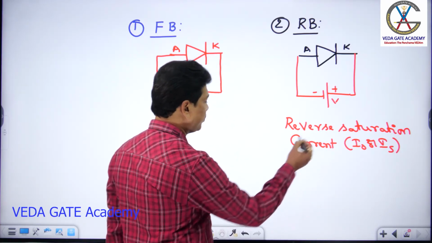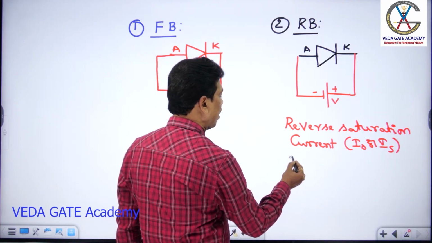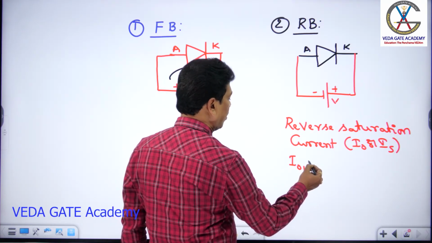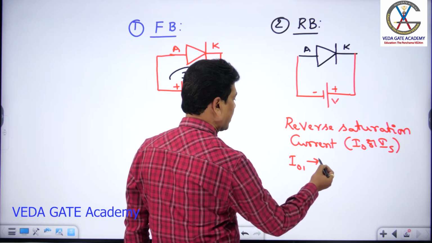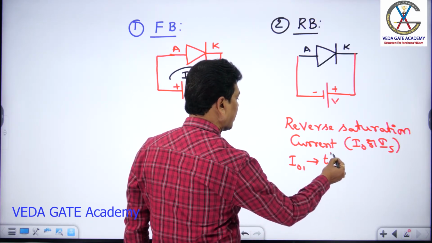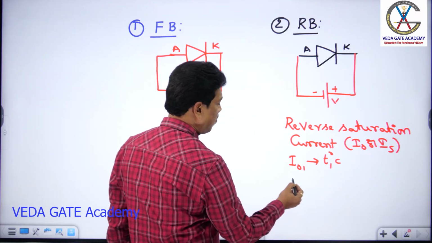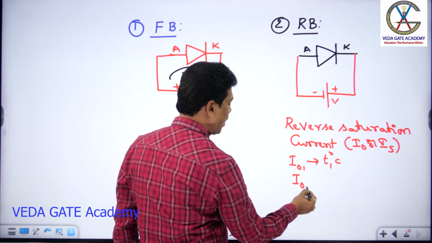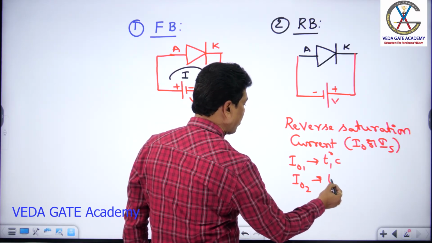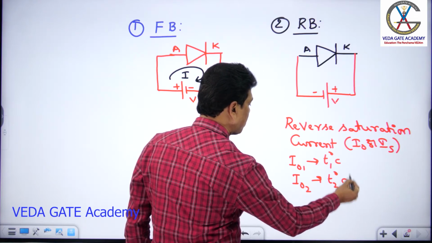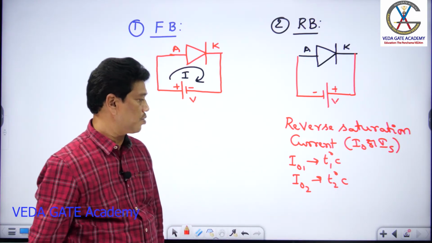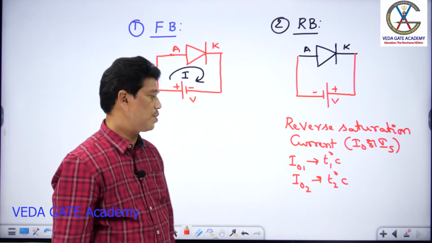Let us see this now. Suppose I01 is the minority current of the PN junction under reverse bias at a temperature of T1 degree centigrade. For the same diode, I02 is the minority current at another temperature of T2 degree centigrade, keeping the reverse bias voltage constant.